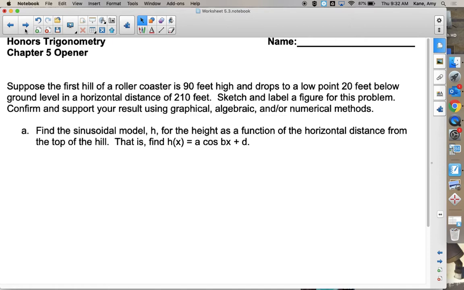It says it's doing that in a horizontal distance of 210 feet. Sketch and label a figure for this problem, and then confirm and support your answer with graphical, algebraical, or numerical methods. So this takes us back a little bit to last chapter.